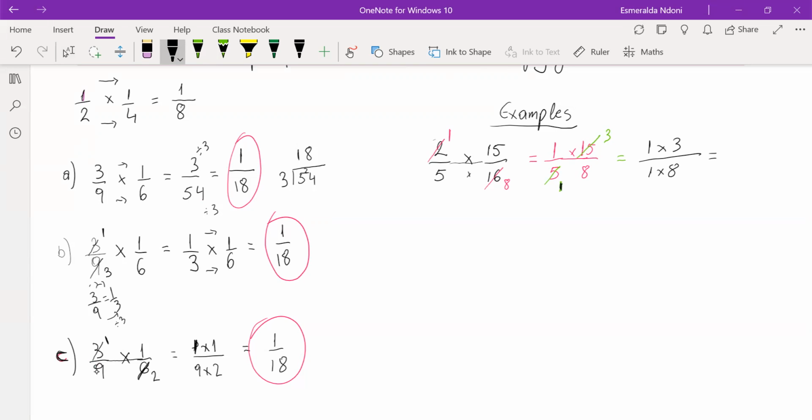Look how easy this is now. 1 times 3 is 3, and 1 times 8 is 8. So I simplified across. You can do it at the same time. I was just showing you how to do it step by step.